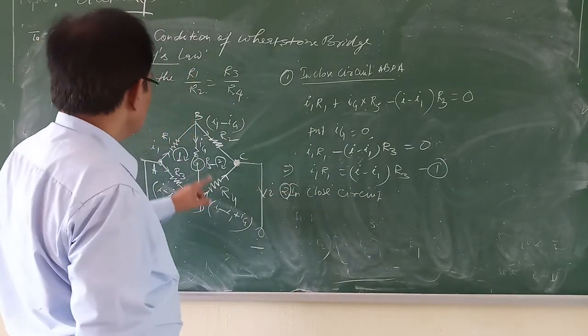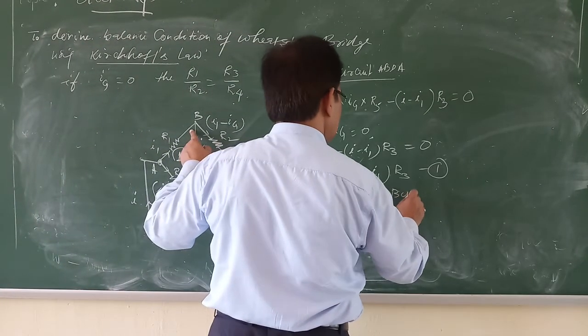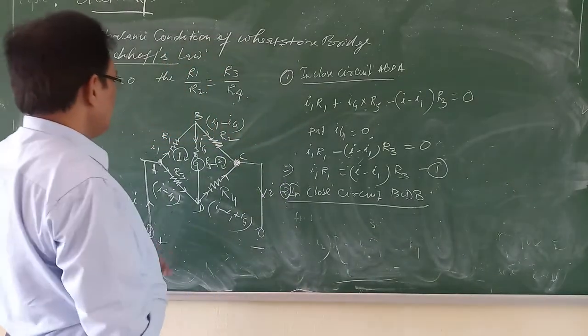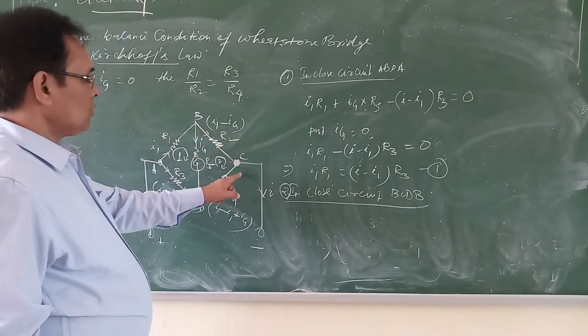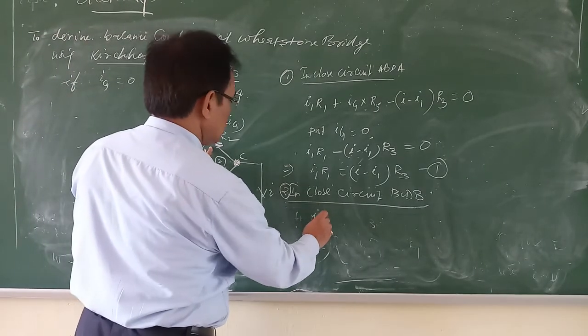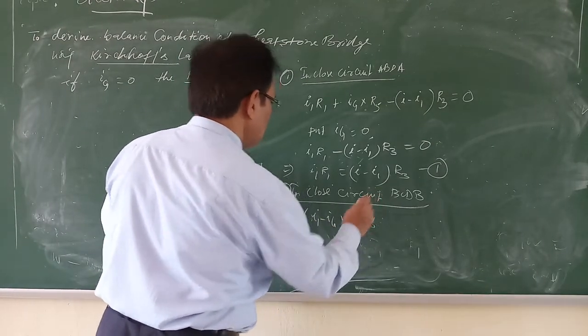In closed circuit 2, B, C, D, B. In this closed circuit, B to C, current is also in the same direction, so this is I1 minus IG into R2.